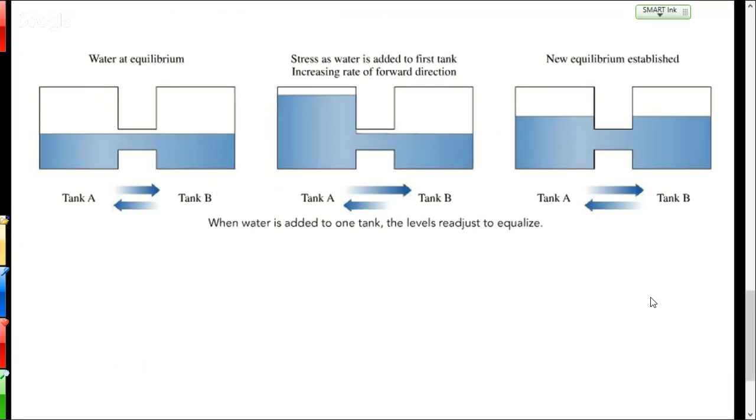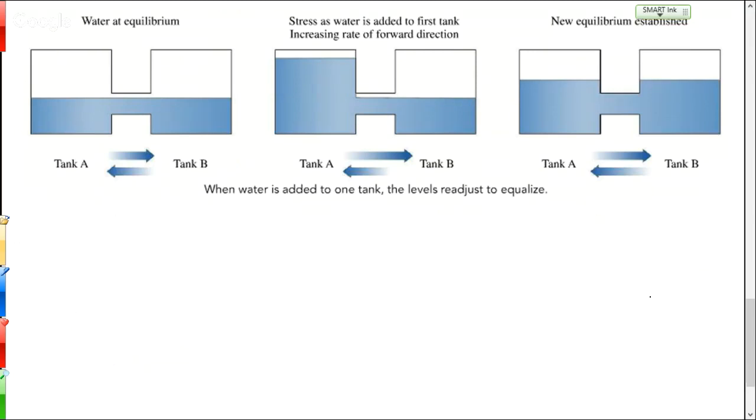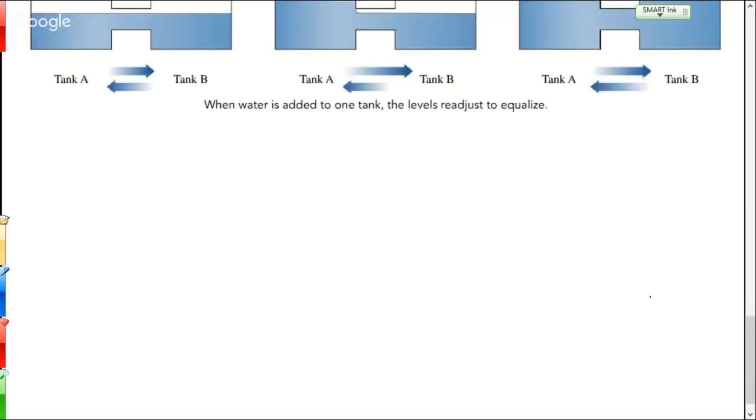So let's look at an equilibrium reaction as an example. HF, hydrofluoric acid, added to water, makes fluoride ion and hydronium ion. All right, so let's assume this reaction is at equilibrium.